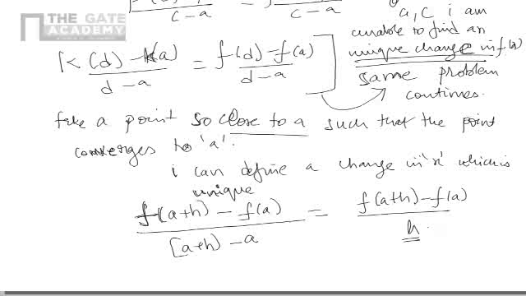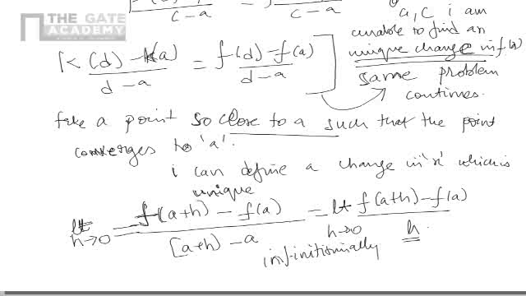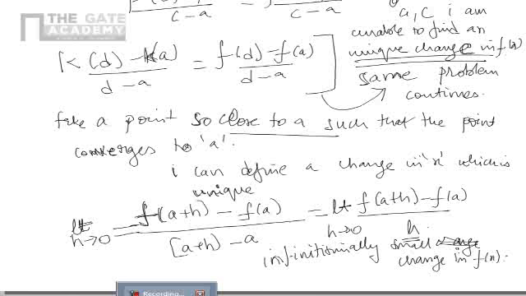It is so close to A. That means limit h tends to 0. Limit h tends to 0, I am finding a variation in f, that is infinitesimally small change in f of x is what I am finding.